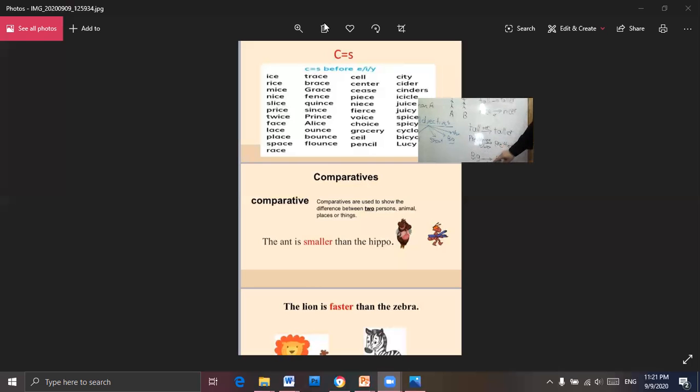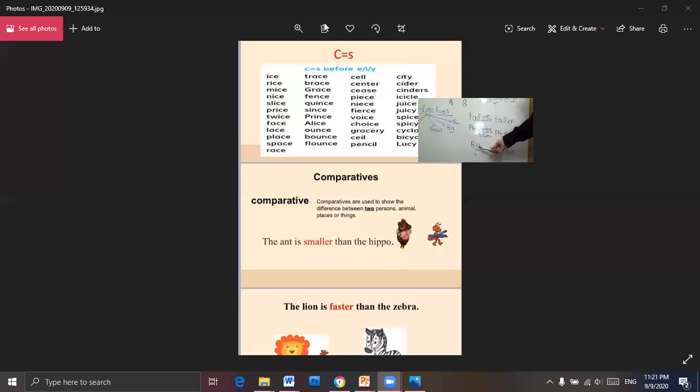The last exception is in big. If we find that the adjective, like big, ends in a consonant, and before the consonant there is one vowel, vowels like I, E, O, A, and U, just one vowel, we double the consonant.